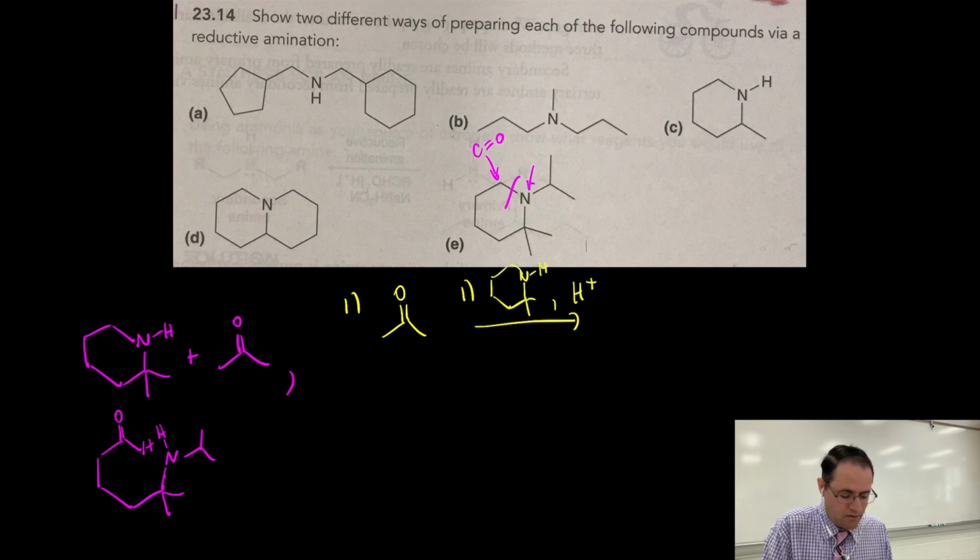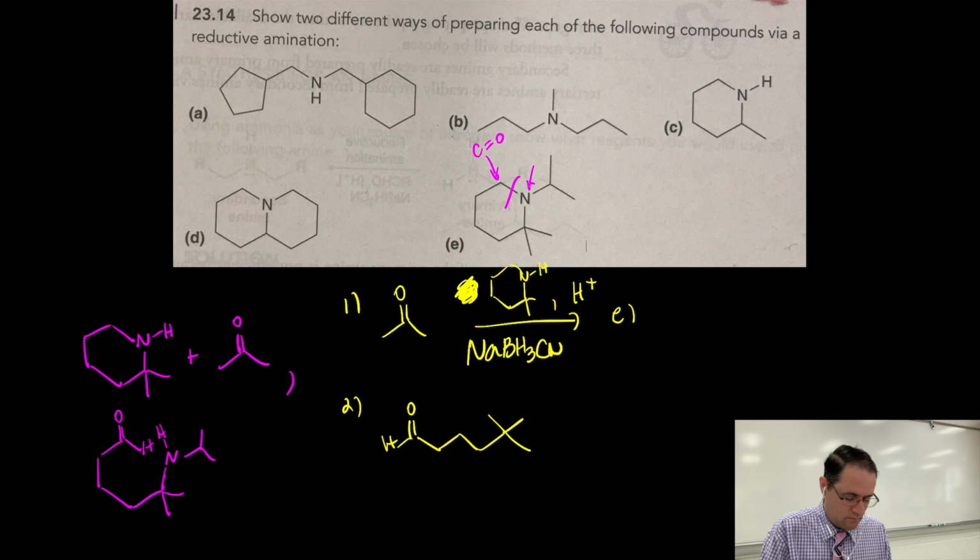H plus catalyst, and again, you don't need a step 1, NaBH3CN, and that's going to give you molecule E. The second possibility is to take this aminoaldehyde, it's pretty sterically hindered, but anyways, we do the same steps.